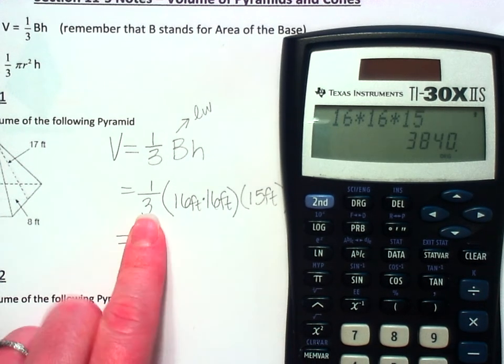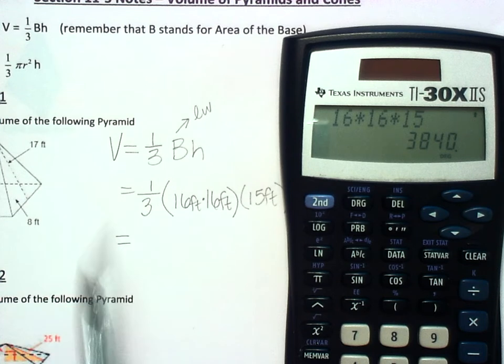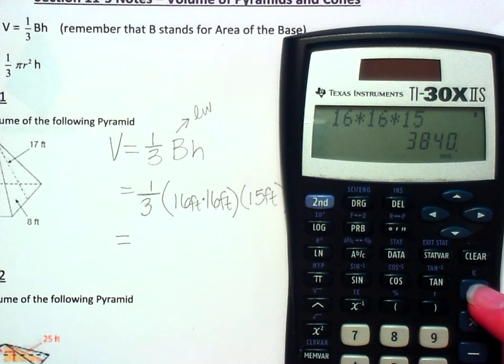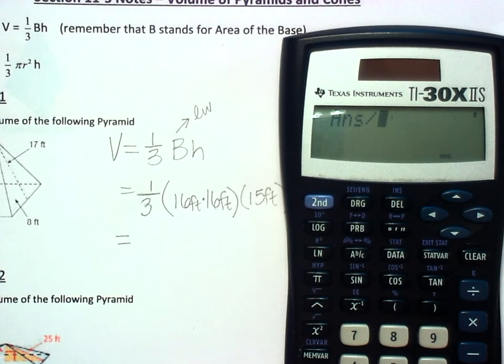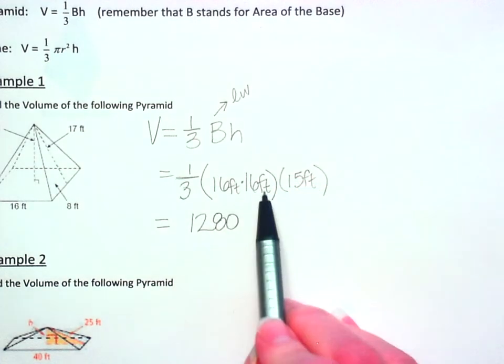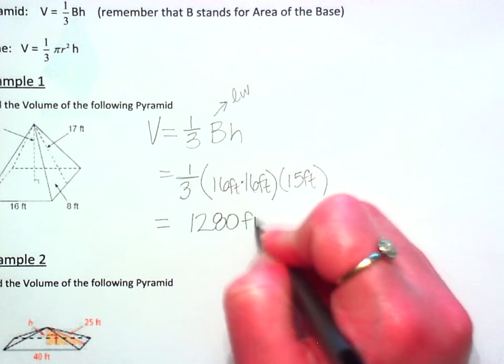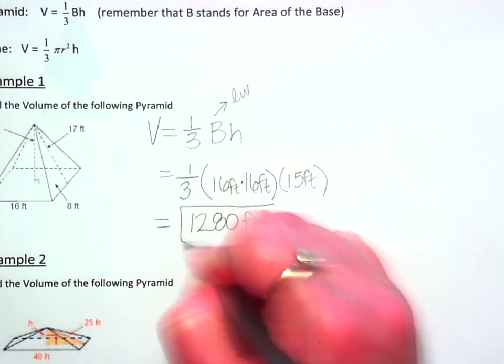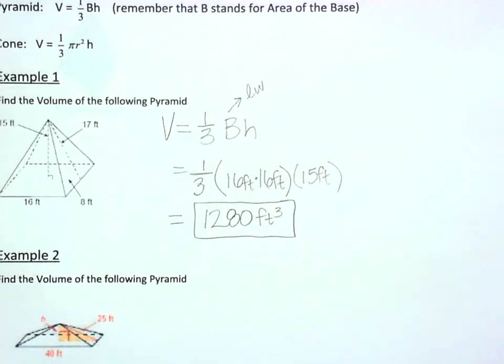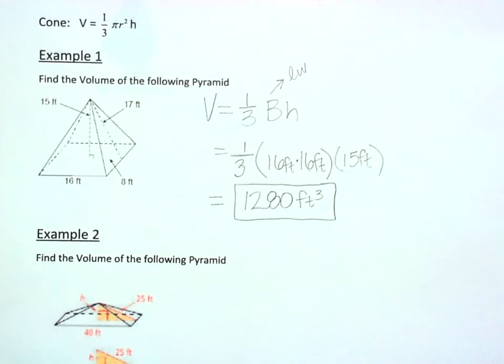Multiplying by 1/3 is the same thing as dividing by 3, so let's take this number and divide it by 3. We end up with 1,280. Feet times feet times feet is feet cubed, so that is our final answer. And that's exact. There is no approximate answer because I didn't have any pi's or square roots.